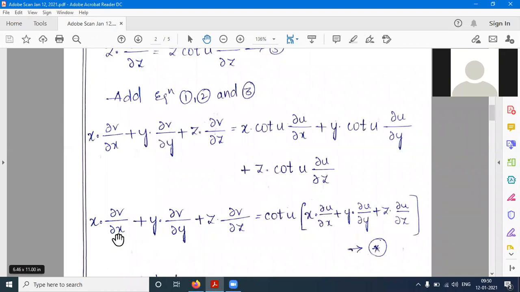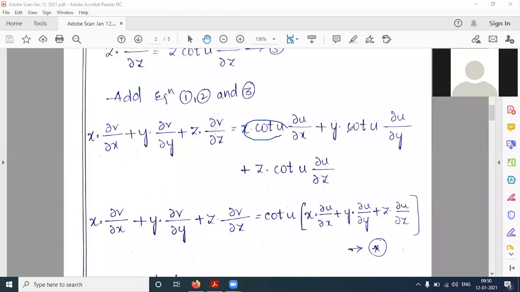Here cot u is there in every term, so we take cot u as common. The remaining is x into dou u by dou x plus y into dou u by dou y plus z into dou u by dou z.